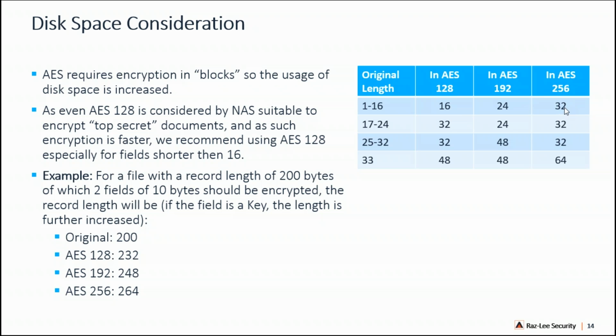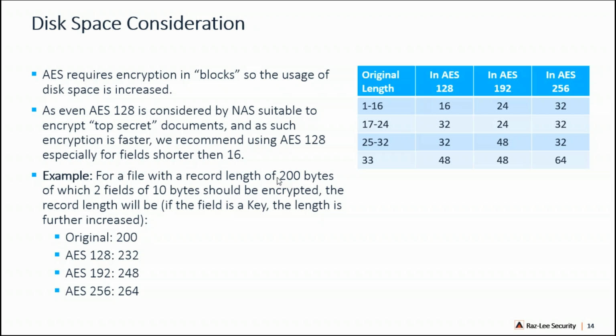So at the end of the day, I gave here a nice table which you can investigate later, showing you what are the consequences of additional space used for each field based on the number of bytes which it is using. So actually, I made here an example.